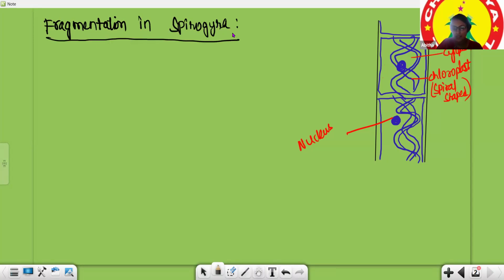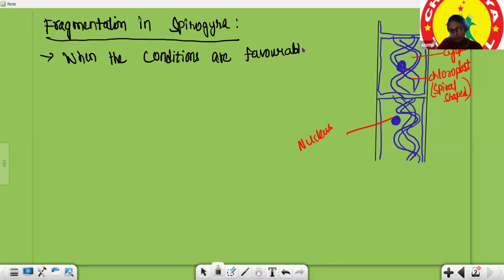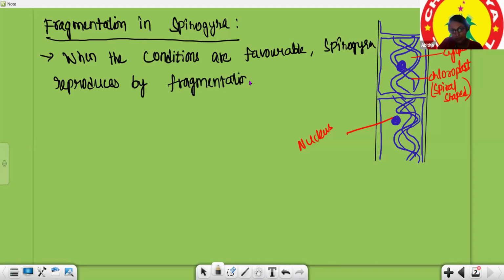When the conditions are favorable, Spirogyra reproduces by the fragmentation process. Clear?